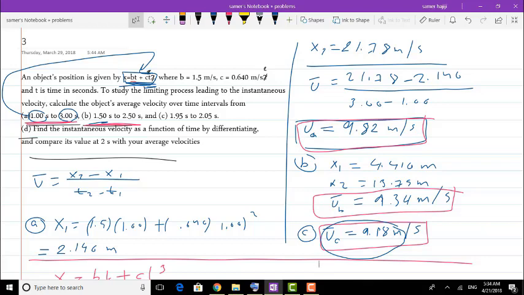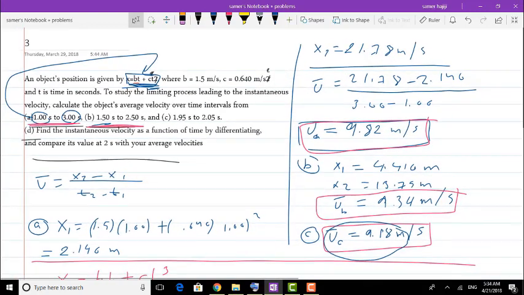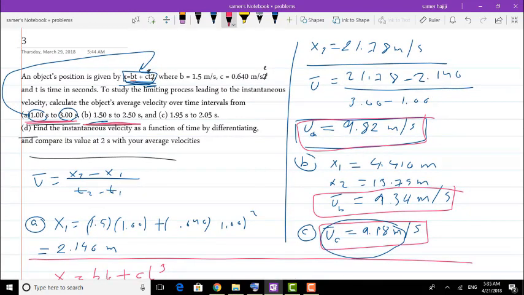The first time interval 1 to 3 is farther from the instantaneous velocity because the time interval is 2 seconds, but the instantaneous velocity is closer to the average velocity of the time interval of B, and it is much closer to the time interval of C because it is the lowest time interval of the 3 intervals.